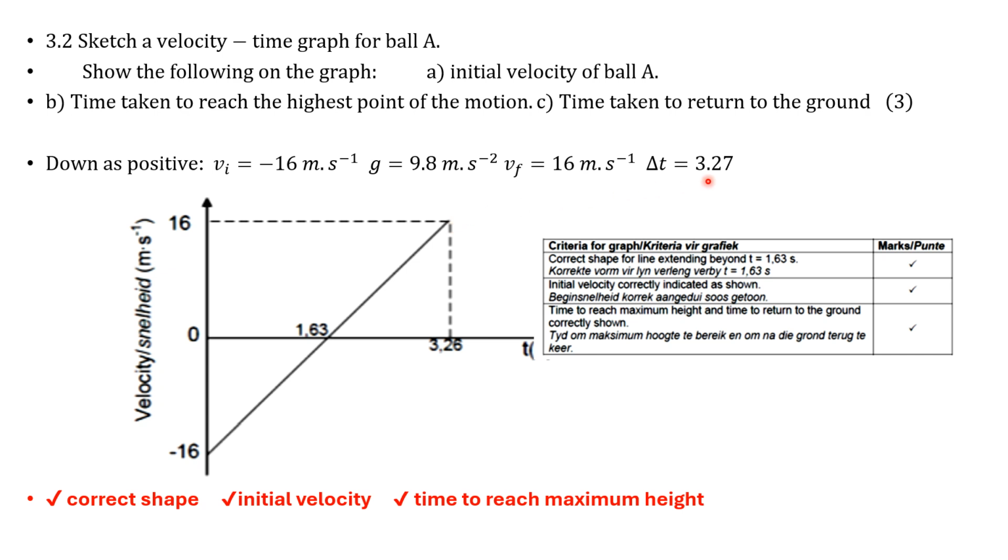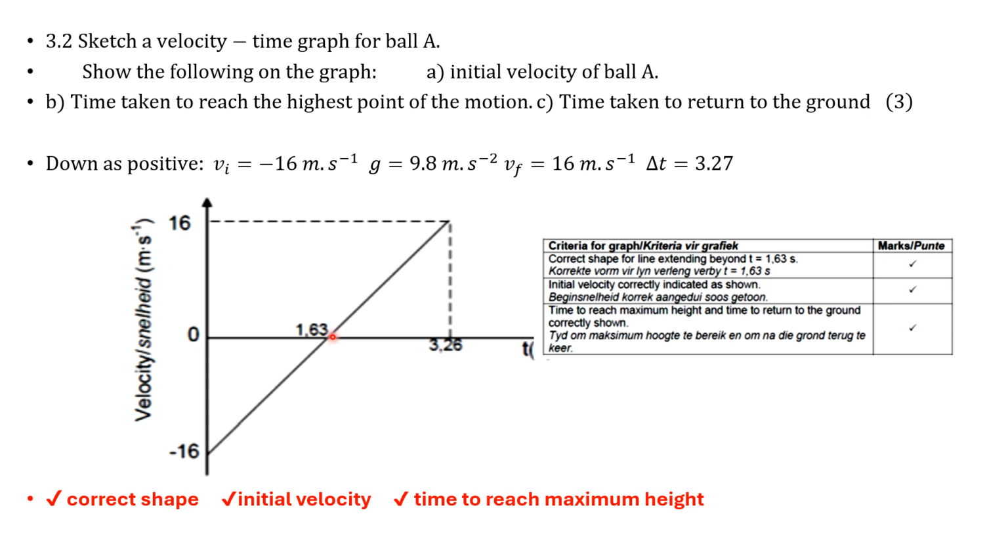All in all, the time we worked out was 3.26 or 3.27, depending on how you rounded off. So the time to the highest point would be exactly half of this time. If I halve the 3.27, divided by 2, the time taken there would be 1.63. So 1 mark for the correct shape, extending beyond 1.63.